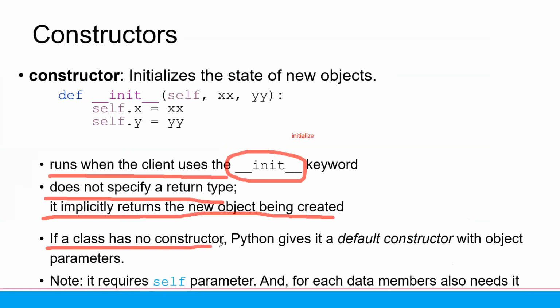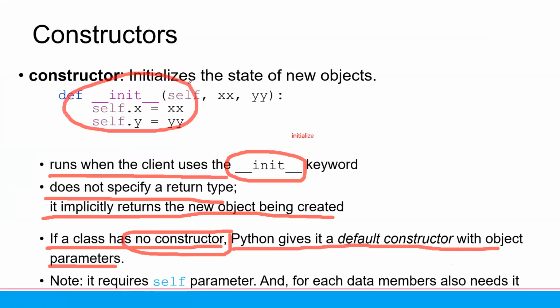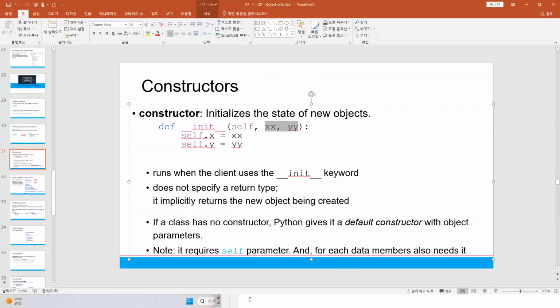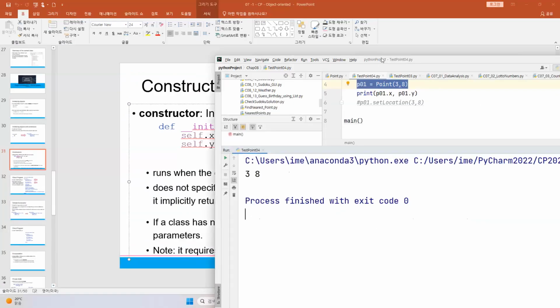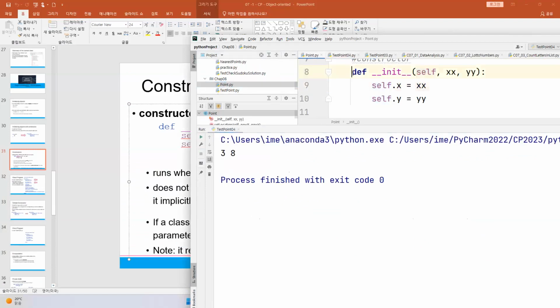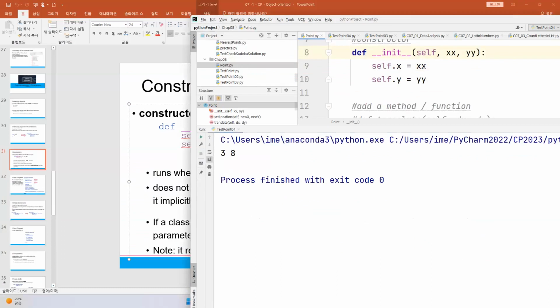If a class has no constructor, then Python gives a default constructor with the object parameter. So you can see this one. If there is no init, when we have the point.py, the original code that I gave to you is without the constructor.